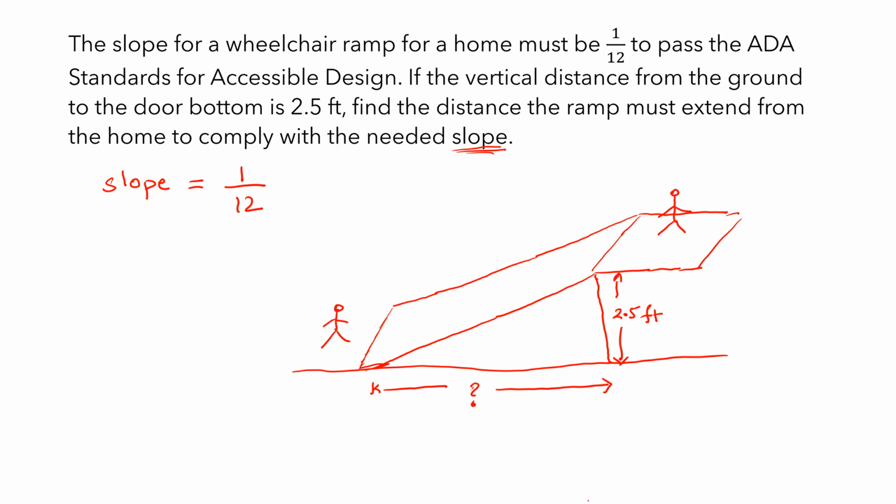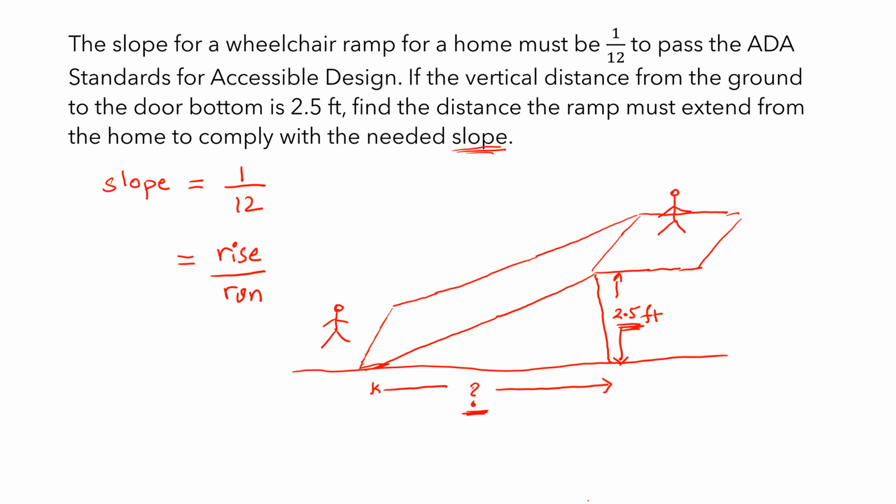Now, in order to solve this, if you recall, the formula for the slope is given as rise over run. In this case, rise is the vertical distance we have from the ground, that is equal to 2.5, and run is the horizontal distance that we are looking for.